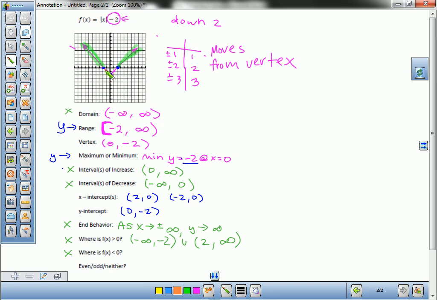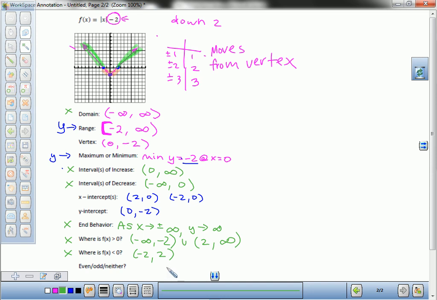And then it's negative down here. So then it's negative 2 to what? What is the x value right here? Positive 2. Yeah. Is that it? That is it.